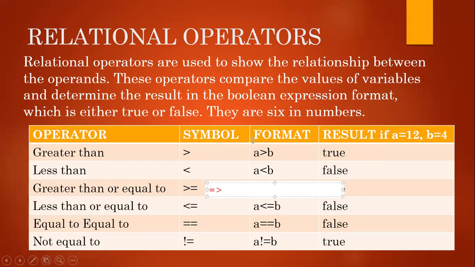It will result in a syntax error, because what we say is greater than or equal to. So the first sign I am going to write is greater than, and then the sign of equal to. If I write it the other way around, it will result in a syntax error. The same way, if I want less than or equal to, I don't say equal to less than, I say less than or equal to.